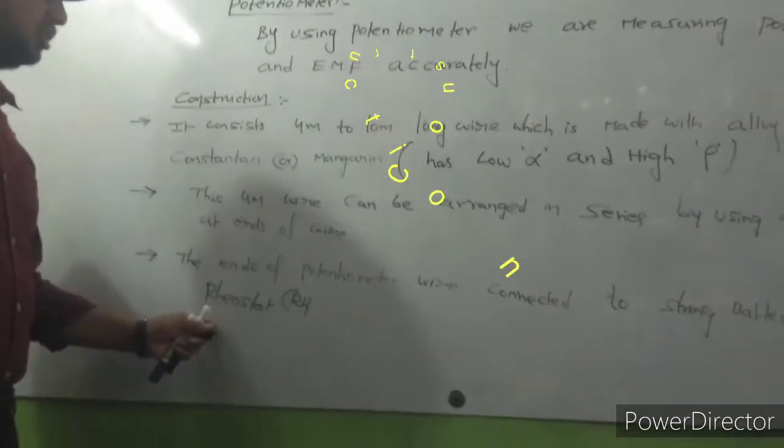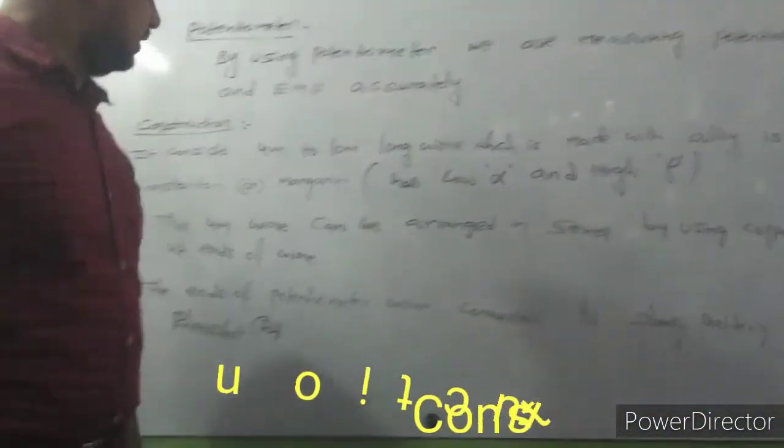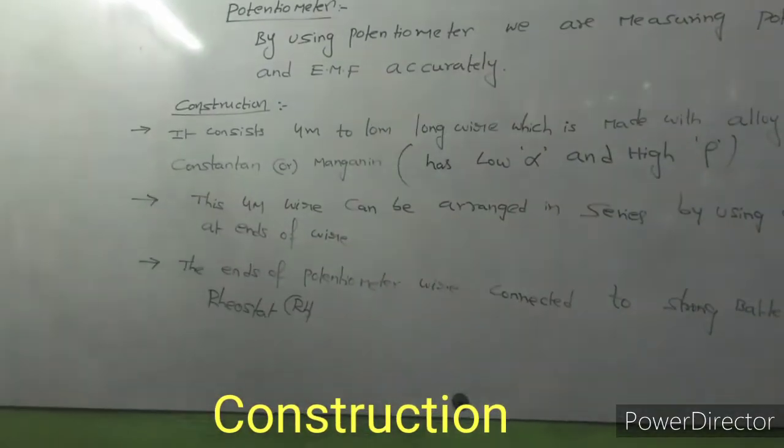They are connected to a rheostat RH, a strong battery and a plug key. So these are connected like this.